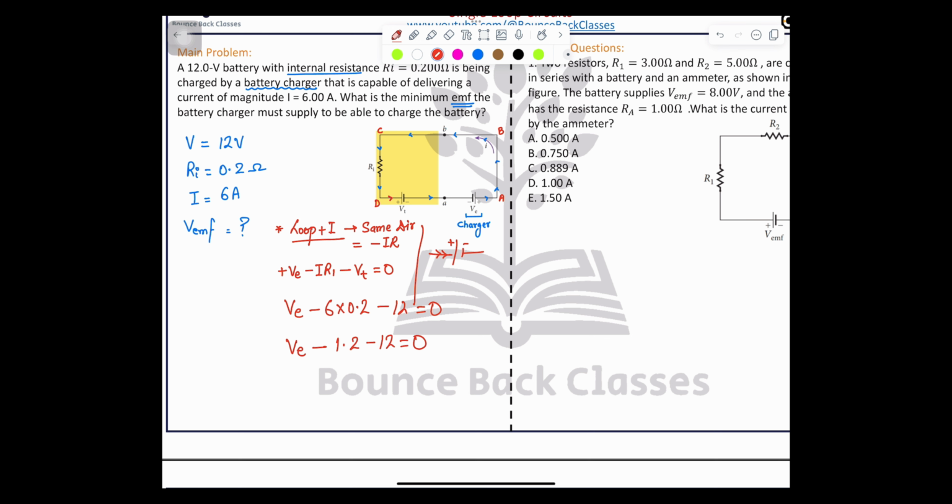Take this value to that side, VE equals 1.2 plus 12, that is equal to 13.2 volt. So guys, what is the value? The minimum value is 13.2 volt. Fine. Okay.